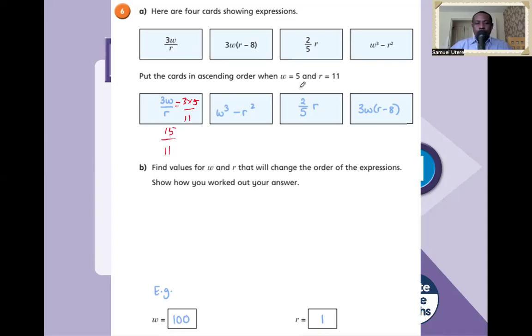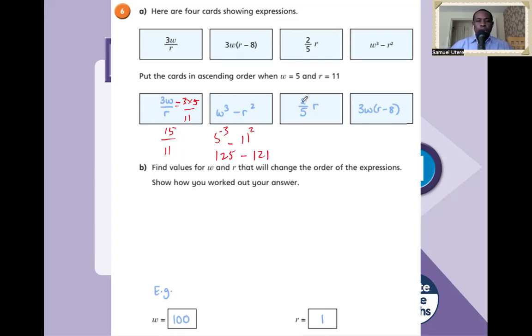And then this one, W cubed. So that's 5 cubed minus 11 squared. That's 125, because 5 cubed is 125, minus 121.